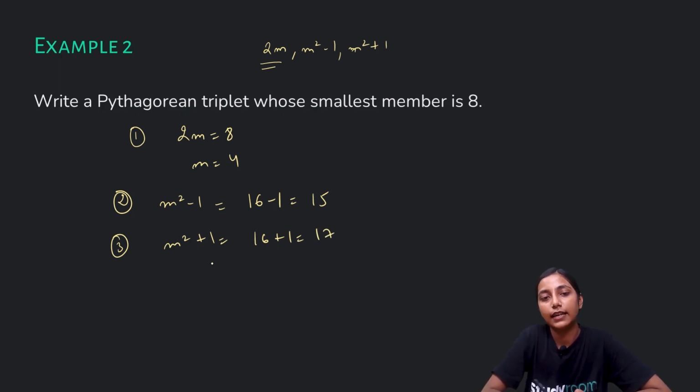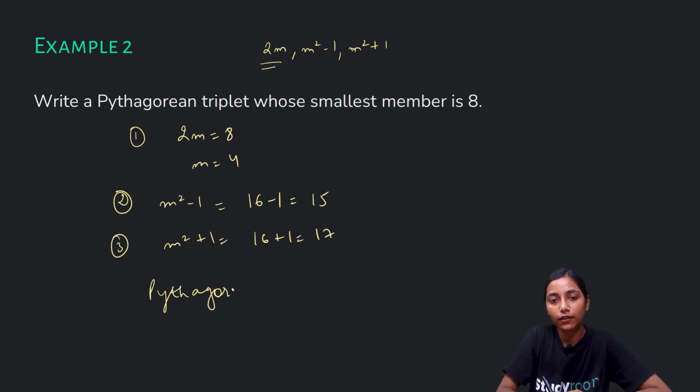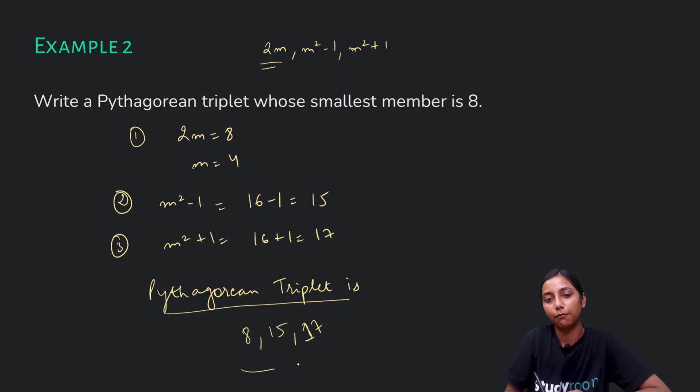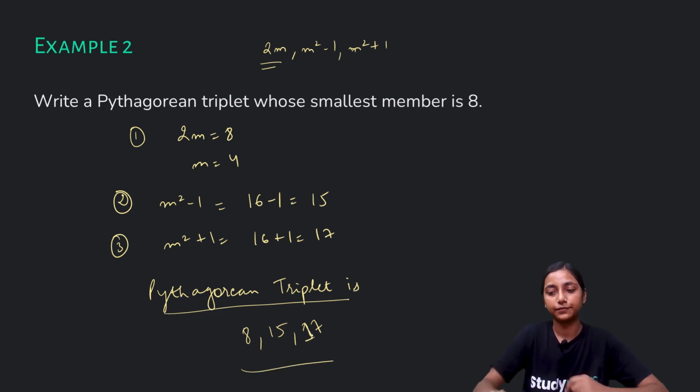And so the Pythagorean triplet that has 8 as its smallest member is 8, 15 and 17. This is our such Pythagorean triplet, 8, 15 and 17.